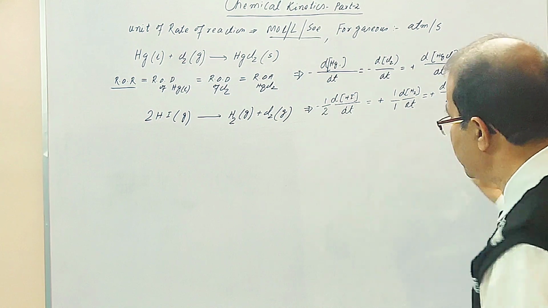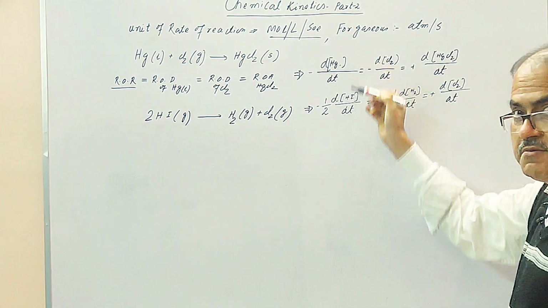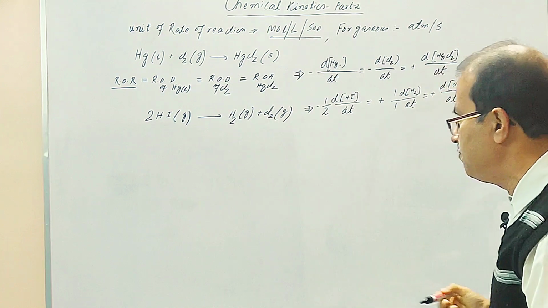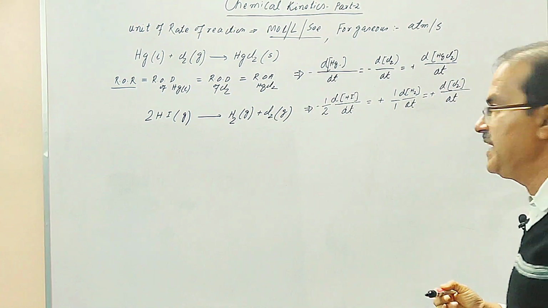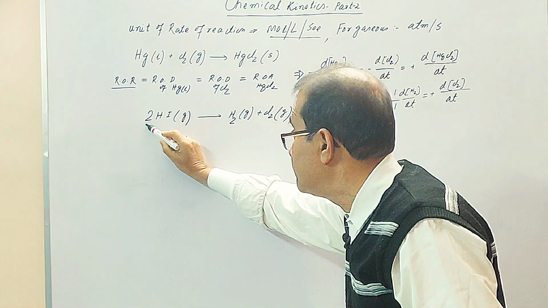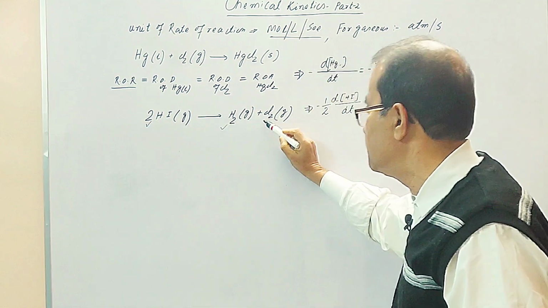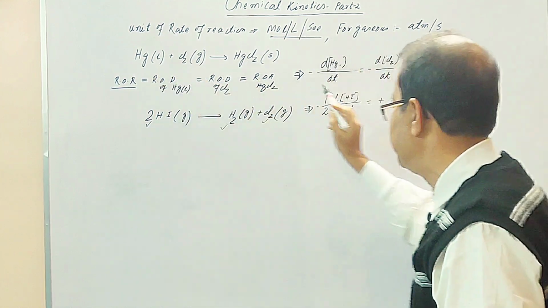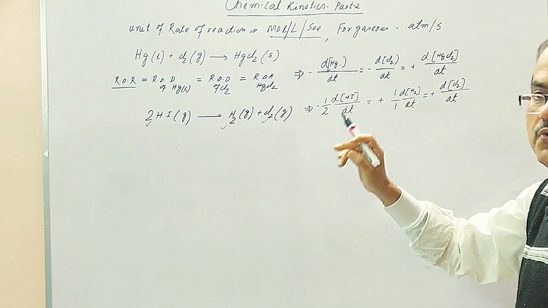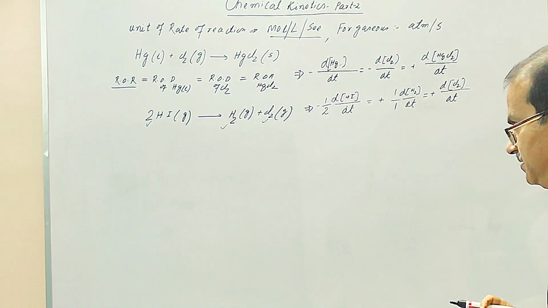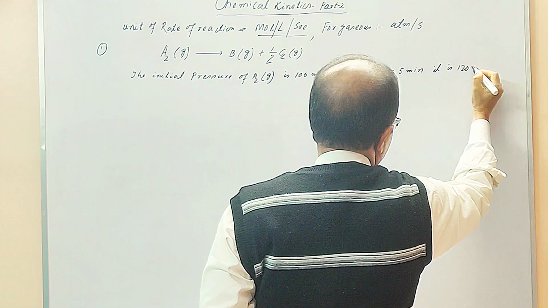So this is how we can write it, and here you can see there is a difference because the stoichiometric coefficient is not the same. Here the stoichiometric coefficient is 2, here it is 1, here it is 1. So the rate of reaction when you write it also differs.